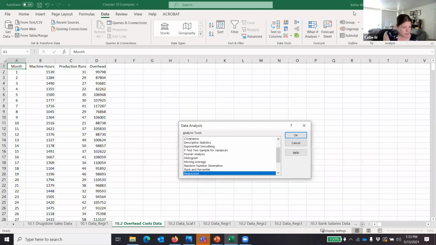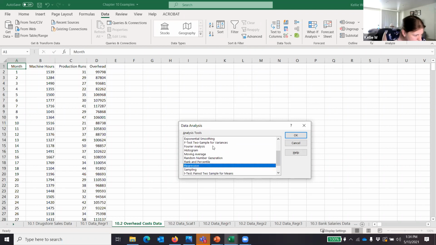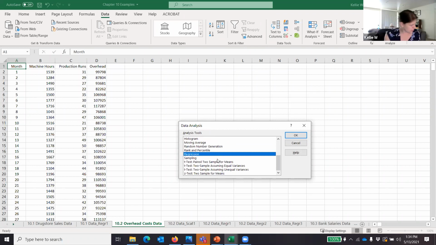Actually, we have to use StatTools, so I thought there was a way to do it.